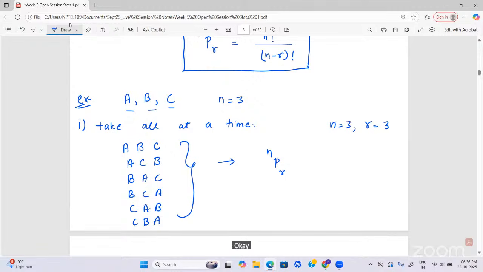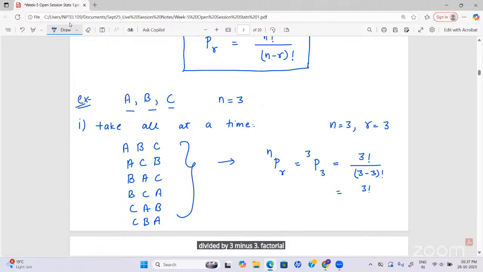So nPr here is 3P3. We have the value of n as 3 and the value of r also as 3. Now, according to the formula, I can write this as 3 factorial divided by (3 minus 3) factorial.